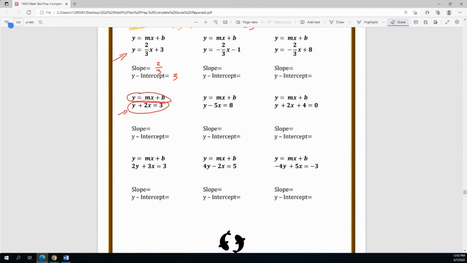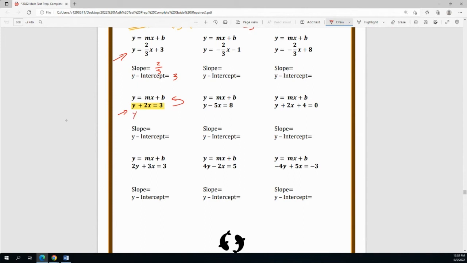If they give it to you this way, what you're supposed to do is change it so that it looks like that, where it has y equals. You're going to use your algebra techniques to move things from the left to the right side of the equal sign. So here we go.